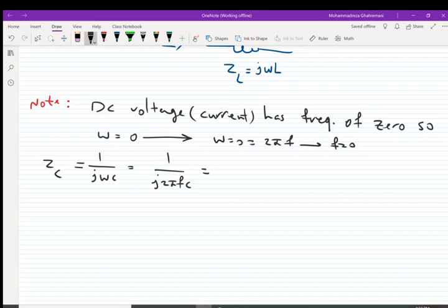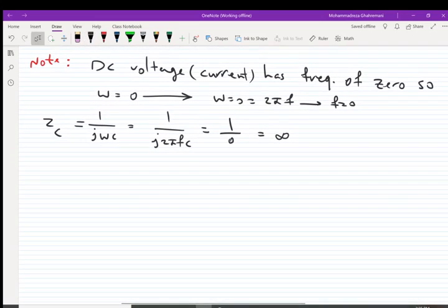So 1 over j omega C becomes 1 over zero, which is equal to infinity. So a capacitor acts like an open circuit for DC excitation, for DC circuits.